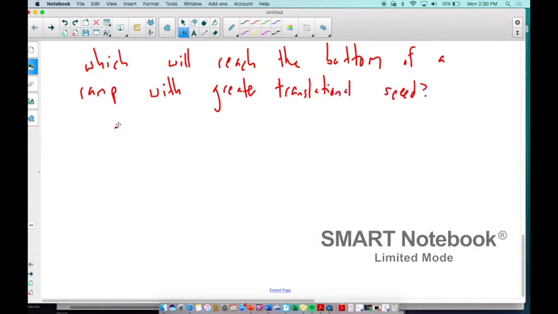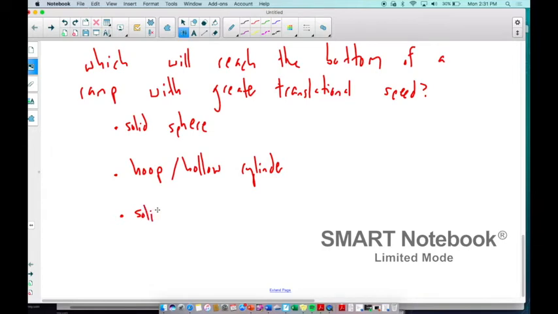Is it going to be a solid sphere? Is it going to be a hoop, also known as a hollow cylinder, same thing? Or is it going to be a solid cylinder or a disc?